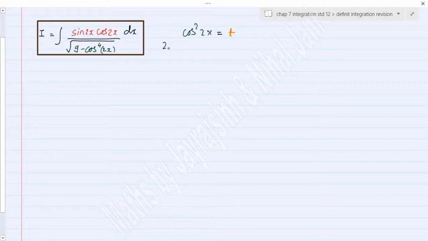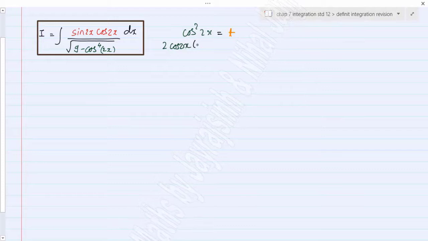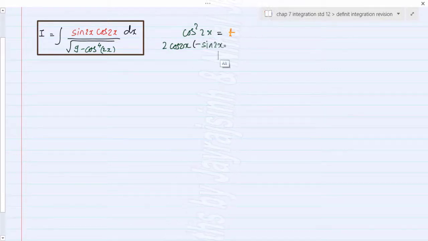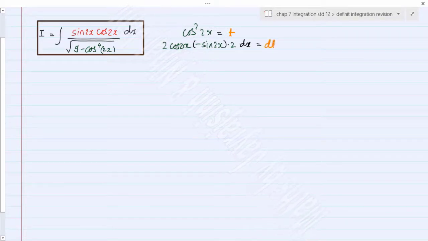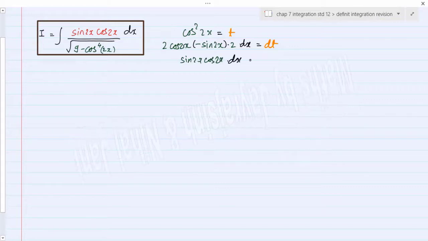We will get 2 cos 2x into differentiation of cos 2x, which is minus sine 2x into 2, dx is equal to dt. Sine 2x cos 2x, dx is nothing but minus dt by 4.